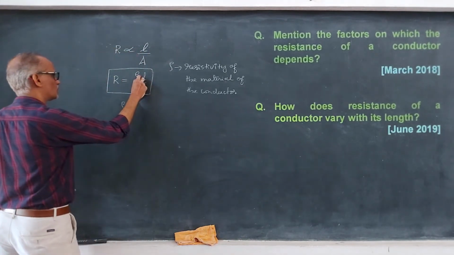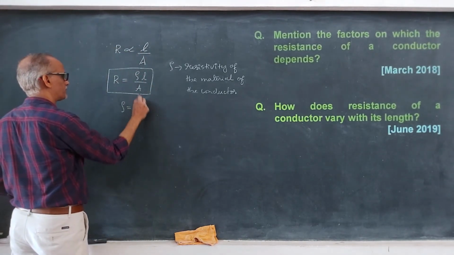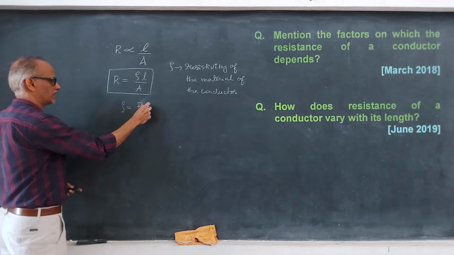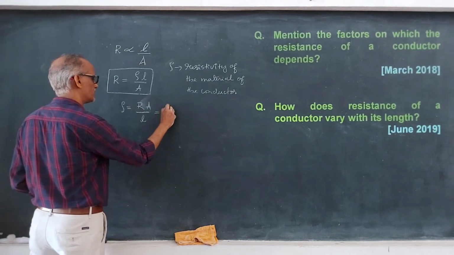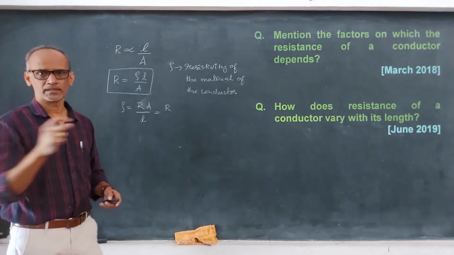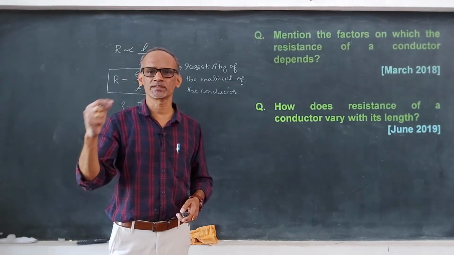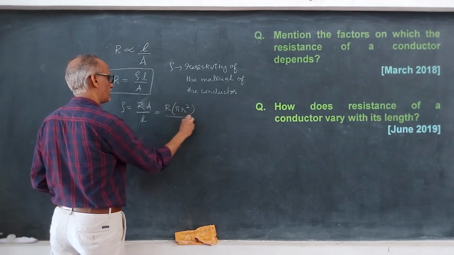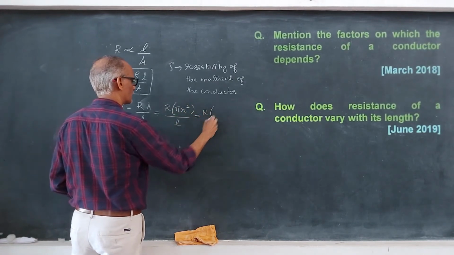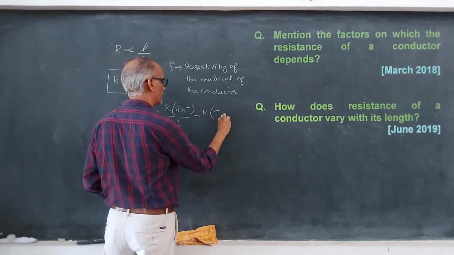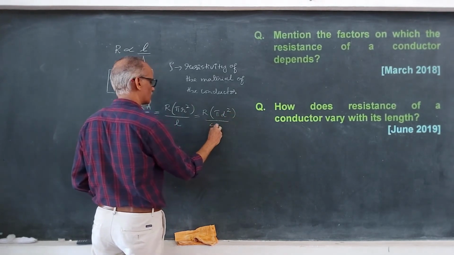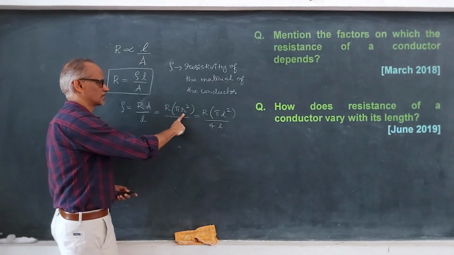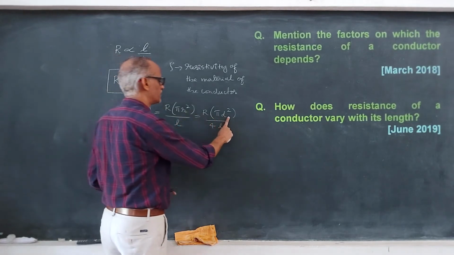If I rearrange for rho, I will get R A by L. Rho is equal to R A by L. Now, if the wire has a circular area of cross section, then A is pi r square, so rho is R into pi r square by L, or in terms of the diameter, R into pi d square by 4 L. Here r is the radius of cross section of the wire, and d is the diameter of the wire.